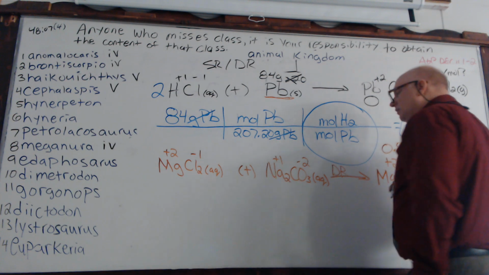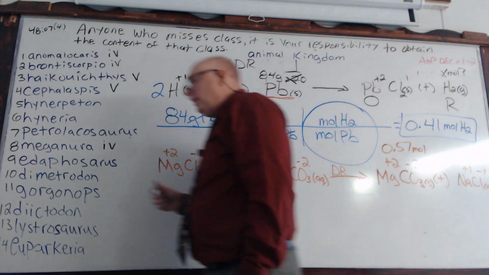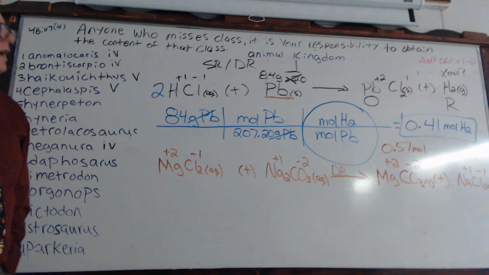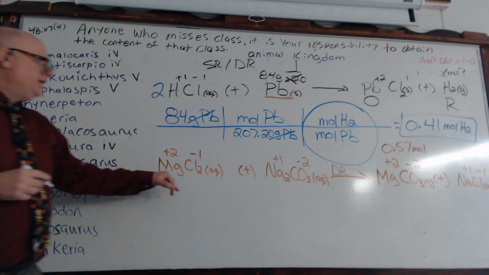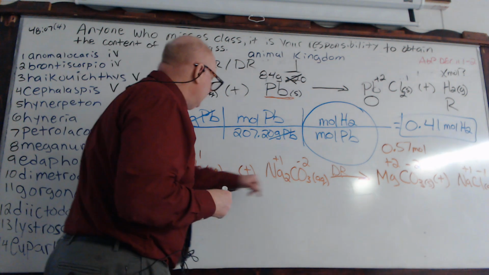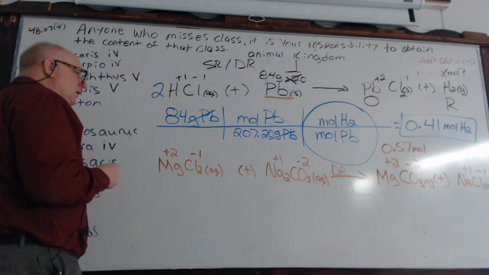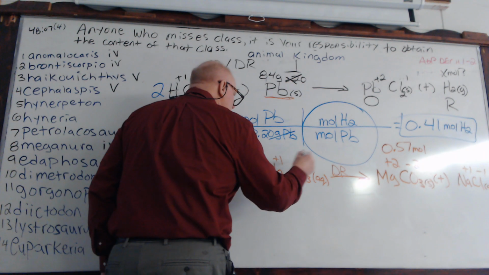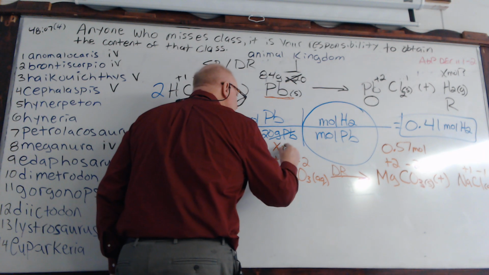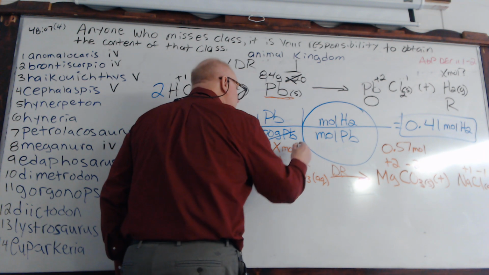Okay, so now if we want 0.57 moles of magnesium carbonate, which one of these grams do you want to work with? Okay, so then how many moles of this would be required?